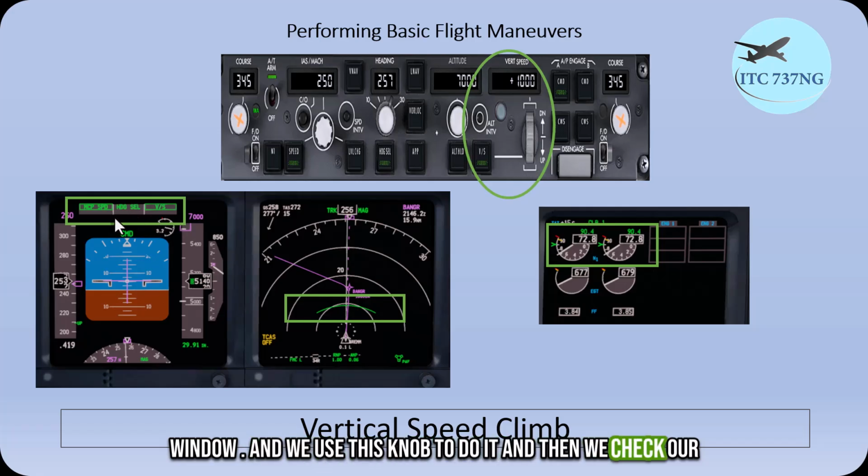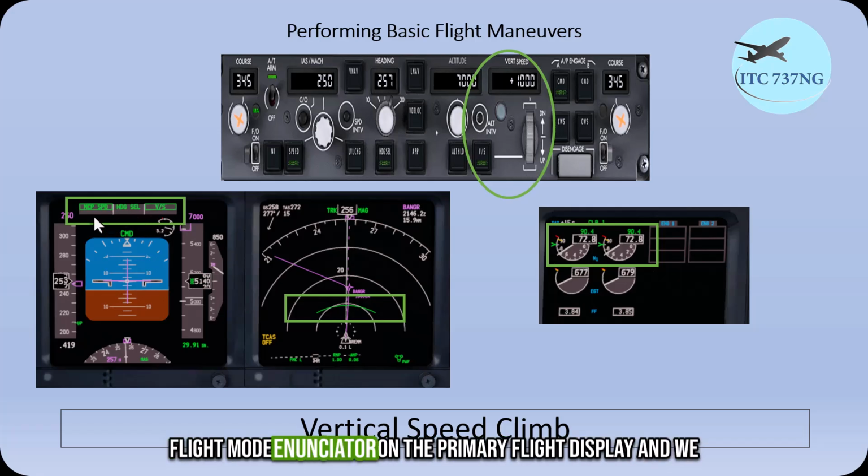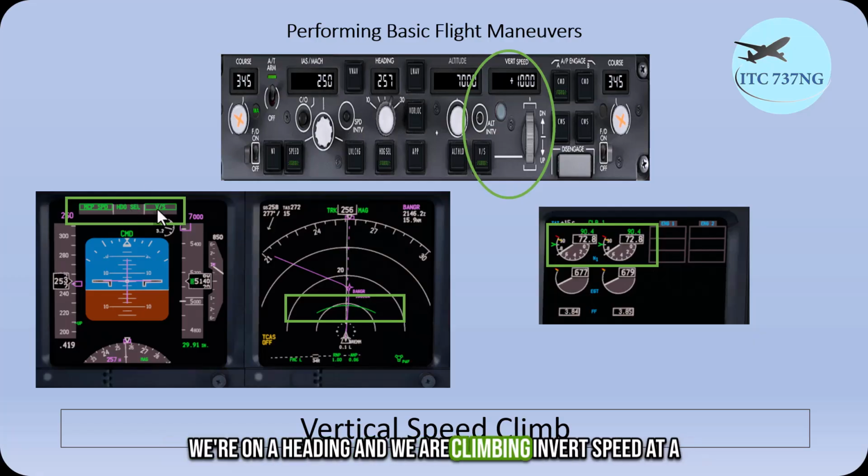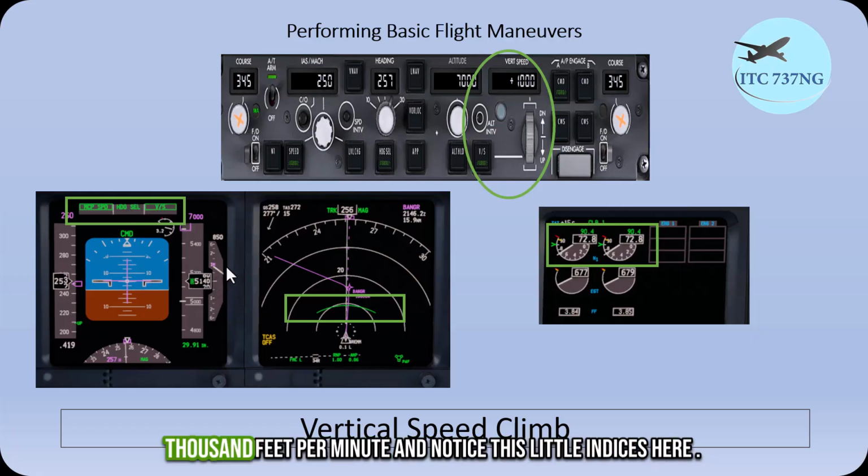And then we check our flight mode annunciator on the primary flight display, and we see that the auto throttle is operating based on the mode control panel speed, which we have here in this window. We're on a heading, and we are climbing in vert speed at 1,000 feet per minute.